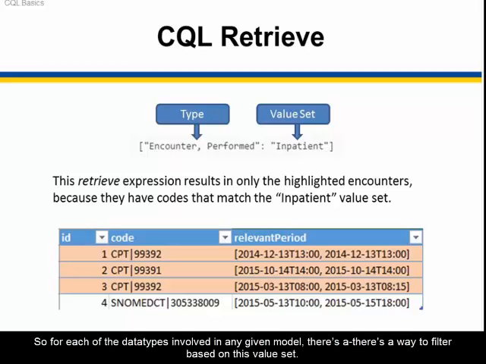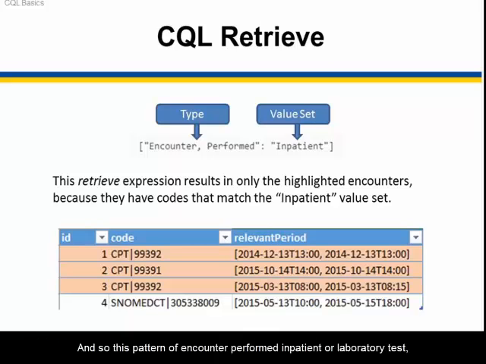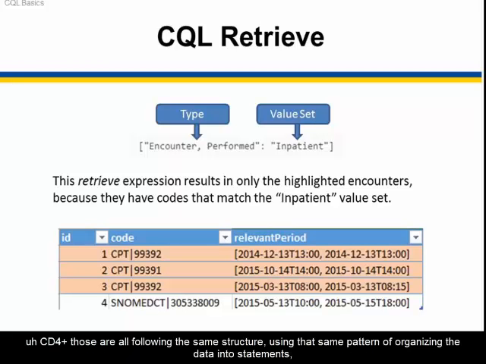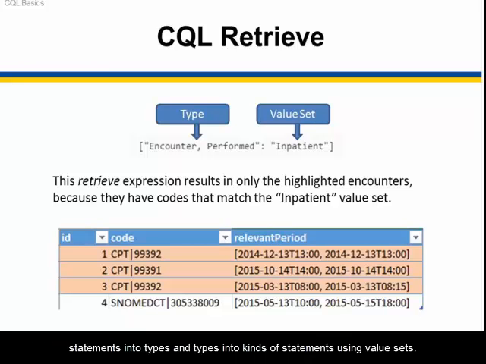So for each of the data types involved in any given model, there's a way to filter based on this value set. And so this pattern of encounter performed, inpatient, or laboratory test, CD4+, those are all following the same structure, using that same pattern of organizing the data into statements, statements into types, and types into kinds of statements using value sets.